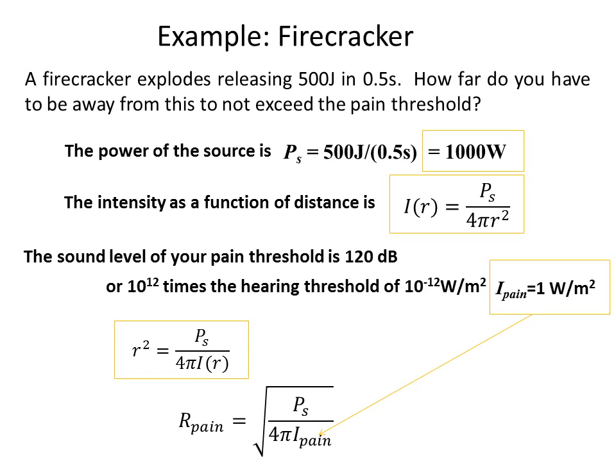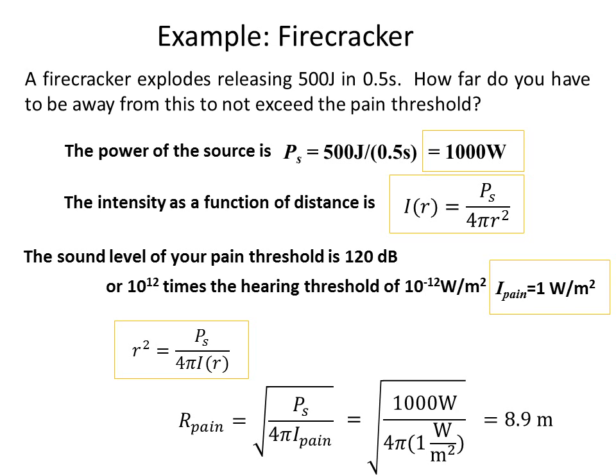This is coming from the pain threshold value. We plug in all the numbers and take the square root. We get 8.9 meters. So you have to be about 30 feet away from the firecracker so it doesn't exceed the pain threshold.